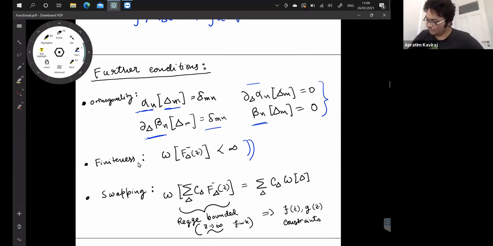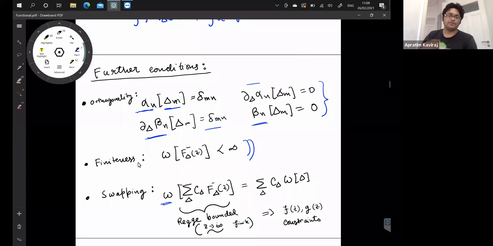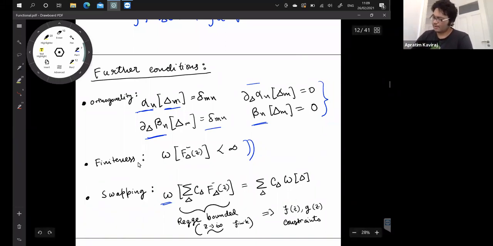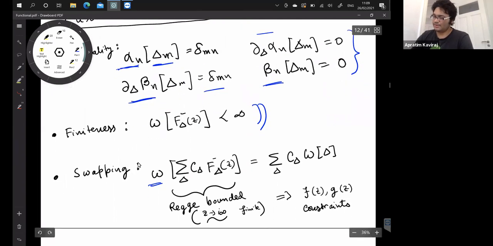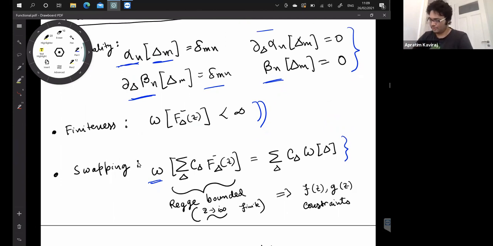And also they should respect swapping, which means that any functional which acts on a full correlator, which is a sum of an infinite number of blocks, is just given by the sum of the action of the functionals. It looks like an obvious relation, but it's not so obvious if you have an infinite number of terms to sum.